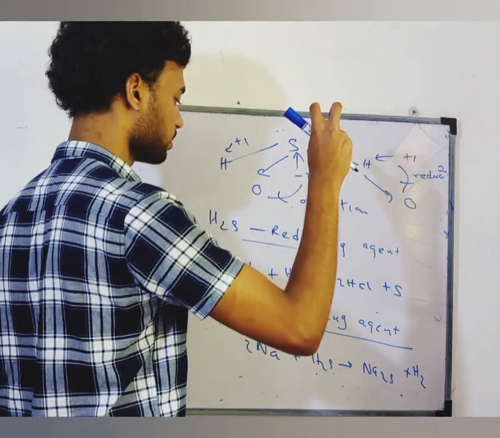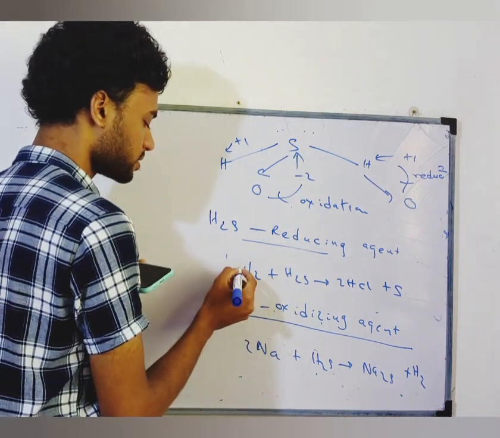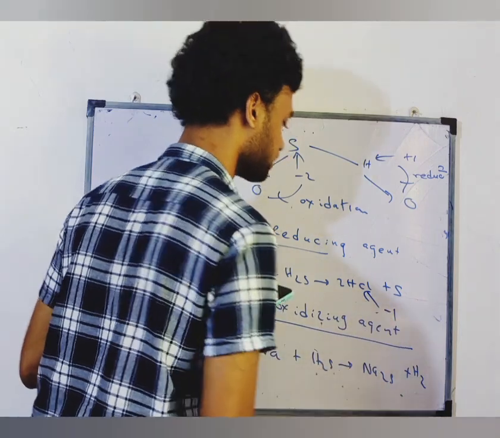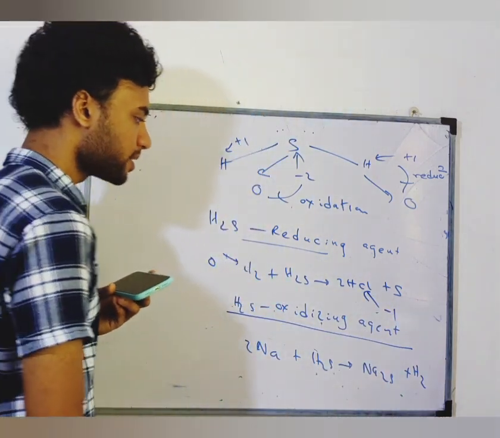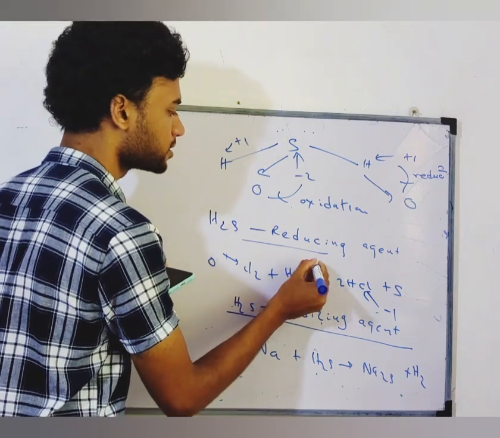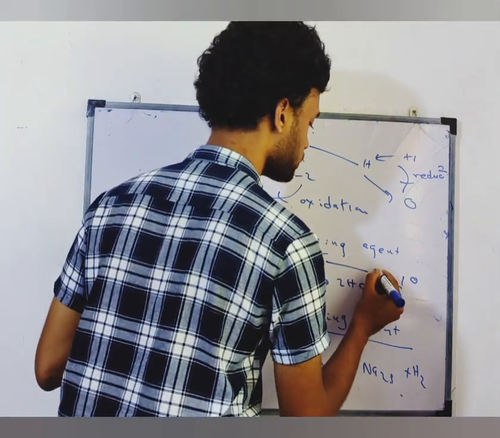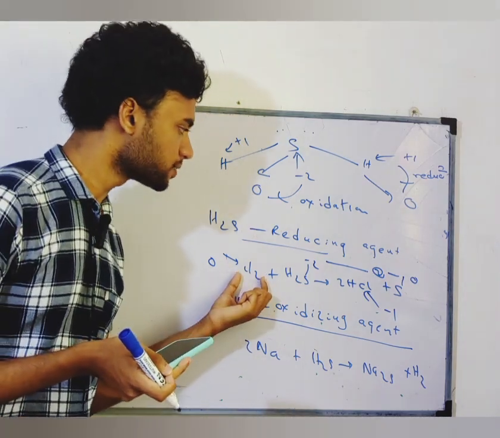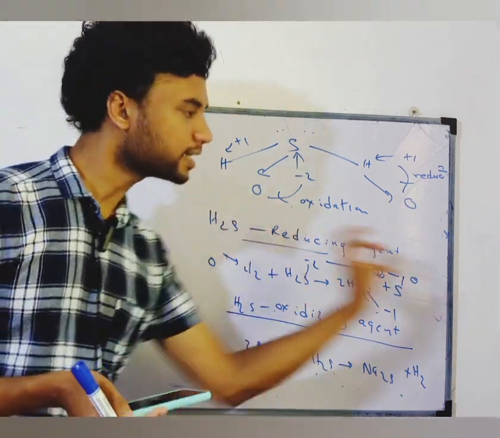It's going to reduce others, no? Cl2. Now what's the oxidation number of chlorine here? 0. It becomes -1 here. In the process, H2S is oxidized, no? Because sulfur, which is in -2, has become 0. This is an oxidation. Is that clear? But Cl2 is reduced.